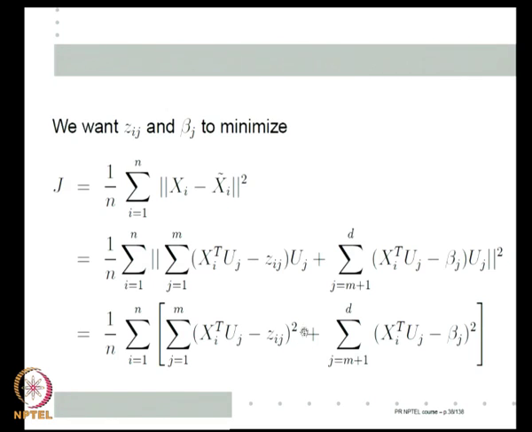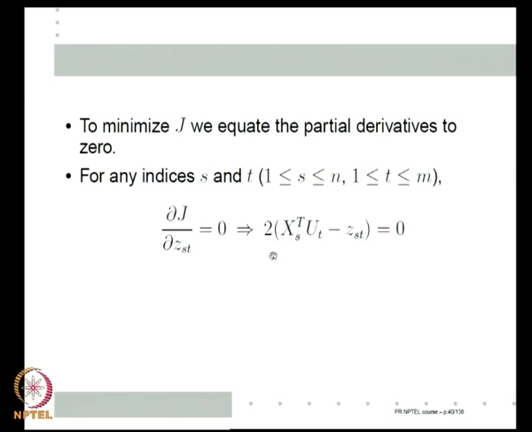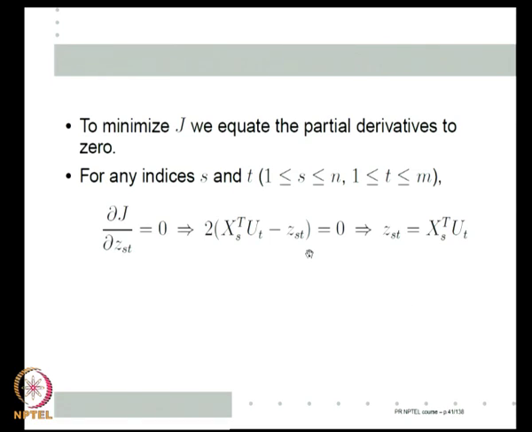So, if I differentiate that, I will get 2 into xs transpose ut minus zst, equated to 0. So, what does that give me? That gives me zst is xs transpose ut. So, zij is xi transpose uj. So, essentially to find the coefficients of representation of x tilde with respect to u1 to um, you might as well use the same thing as for the original x's, that is xi transpose uj.